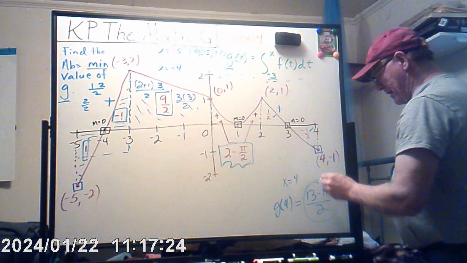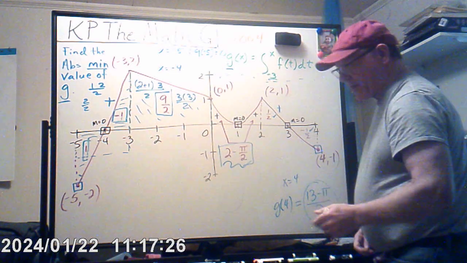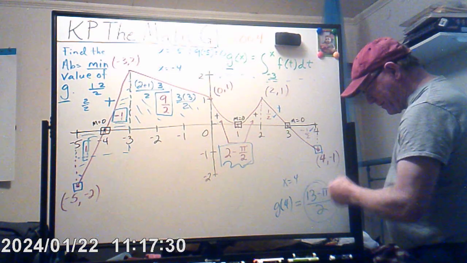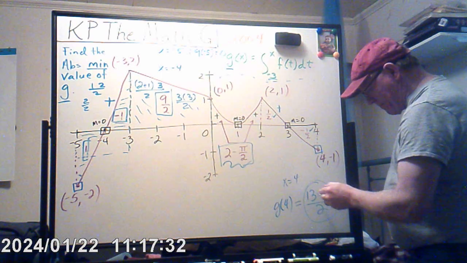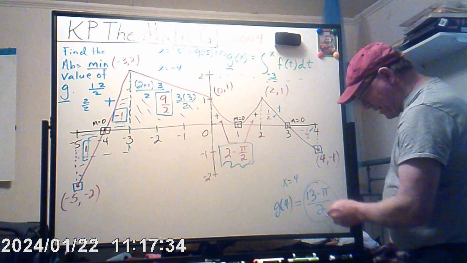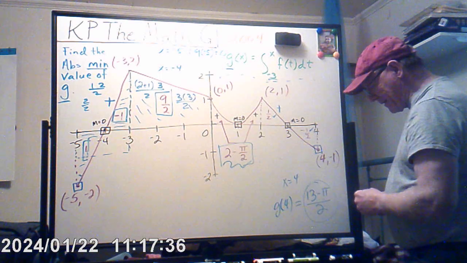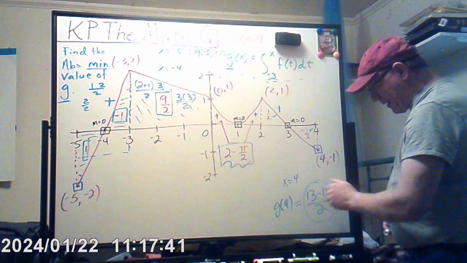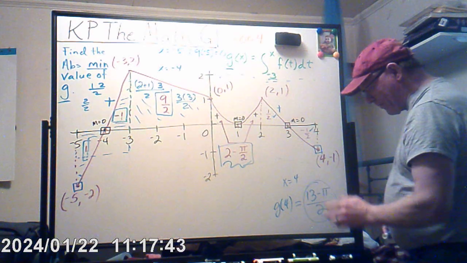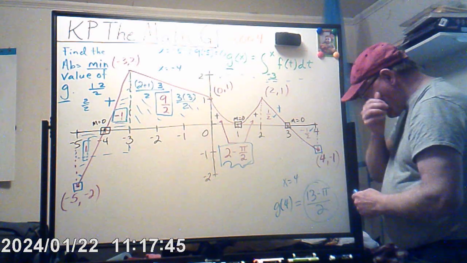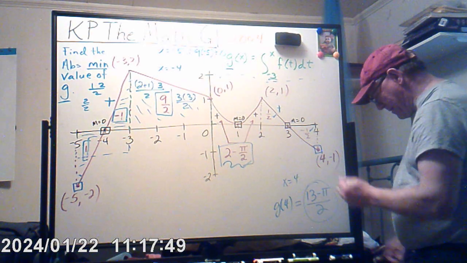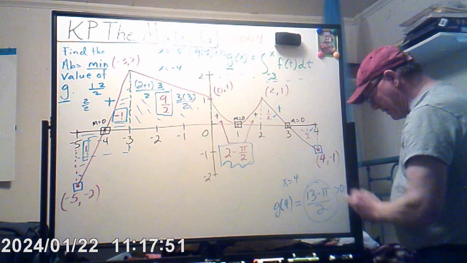Alright. Certainly I know that pi is 3.14, so this is a little bit less than 10, but if this were 10, this is 10/2, which is 5. Okay, but that's a little bit less than that because pi is 3.14. So this is 9 point something over 2, which is greater than 0.